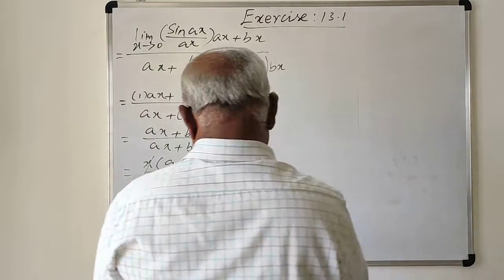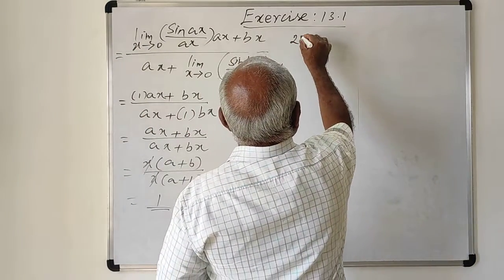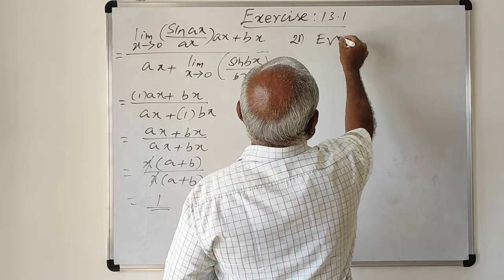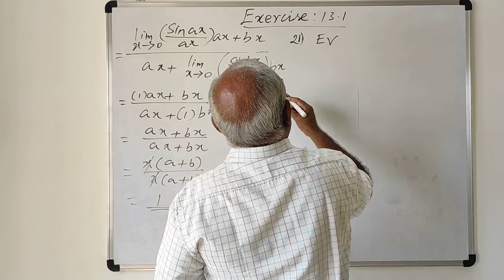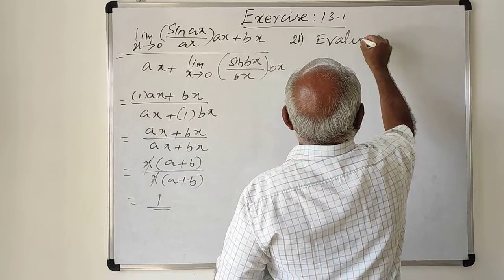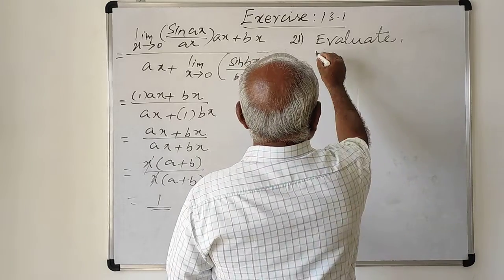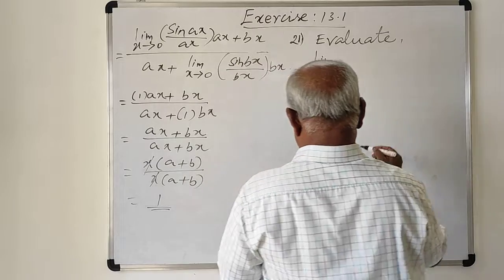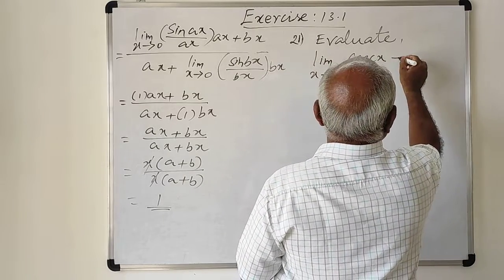The exercise problem number 21. Evaluate limit x tends to 0 of cosecant x minus cot x.